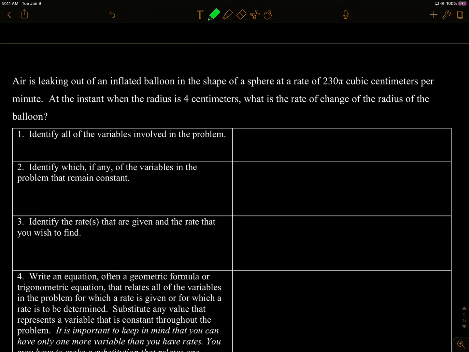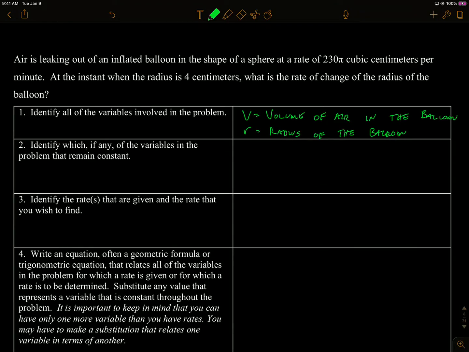So we've got V represents the volume of air in the balloon. R will represent the radius of the balloon.